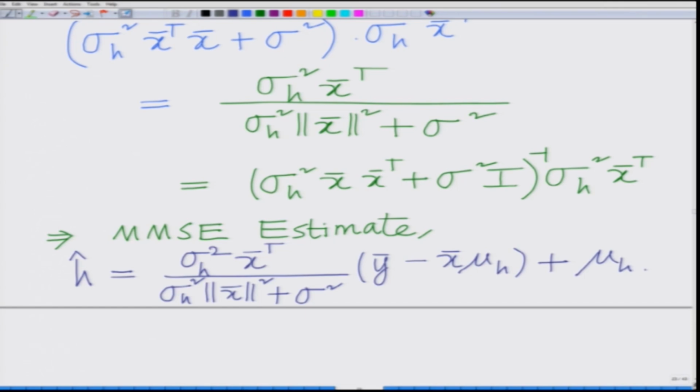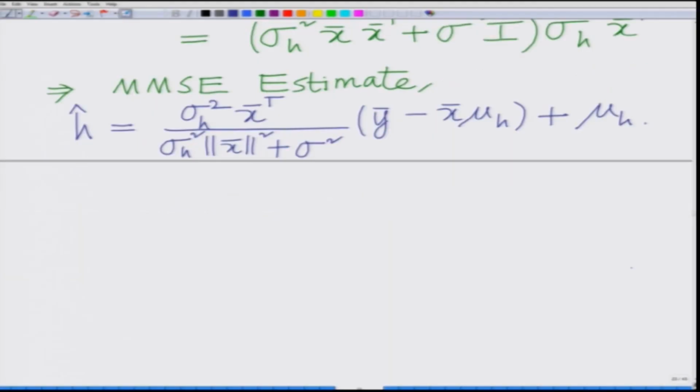Therefore, the MMSE estimate is h hat equals sigma h square x bar transpose divided by sigma h square into norm x bar square plus sigma square times y bar minus x bar into mu h, plus mu h. This is the simplified.